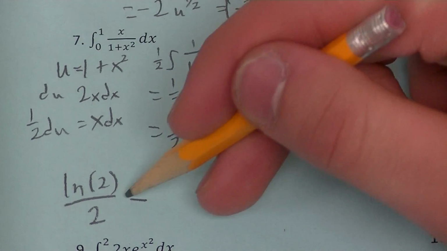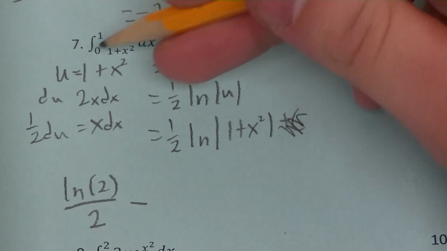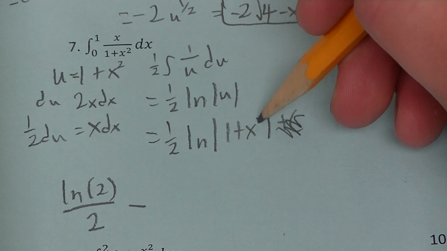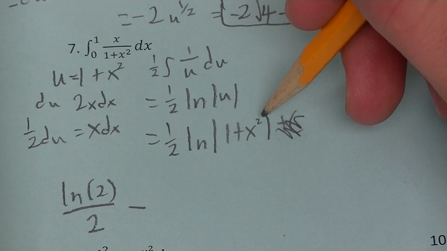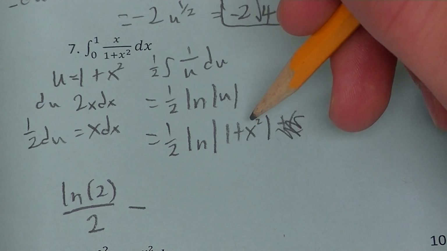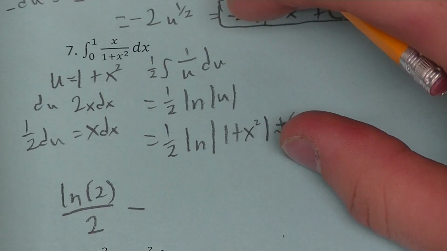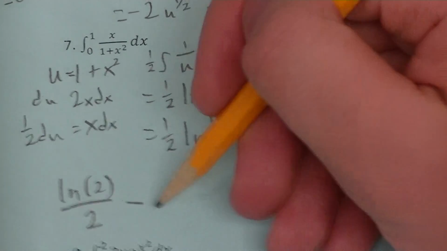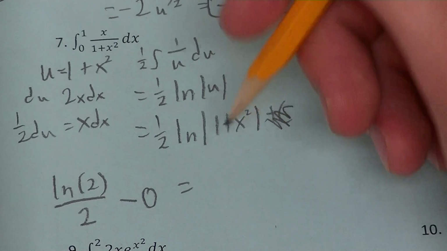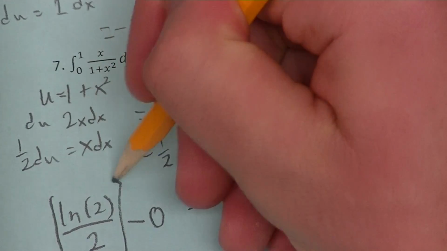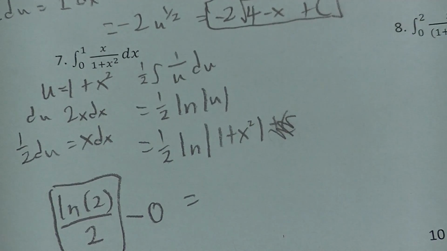Minus, so then we're going to subtract whatever we get for the lower bound. 0 squared is just 0, so now it's half the ln of 1. But as everyone knows, the ln of 1 is already 0. So you're just subtracting 0, meaning the answer to the definite integral for this is just ln of 2 over 2. It's as simple as that.